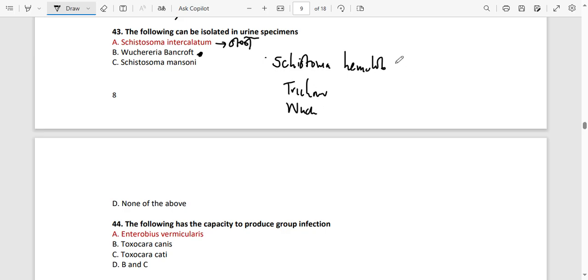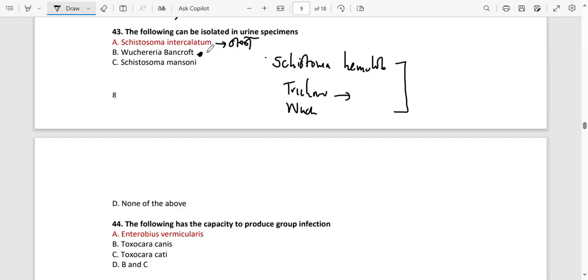So Schistosoma hematobium, Trichomonas vaginalis, and Wuchereria. You can get them through urine. Trichomonas causing UTI. But I need to revisit my source if it lied to me.